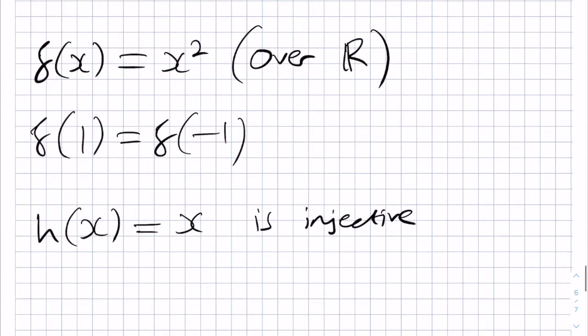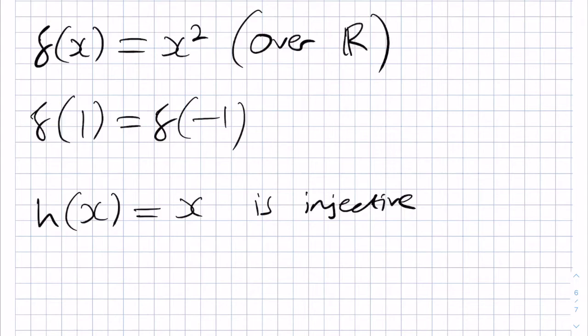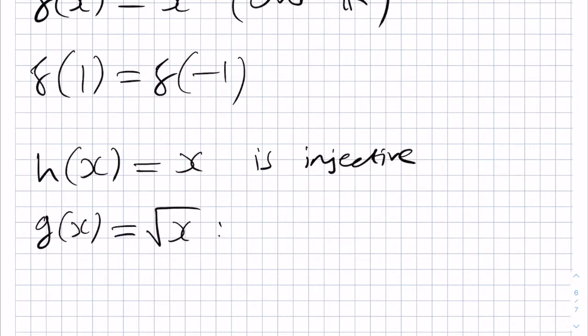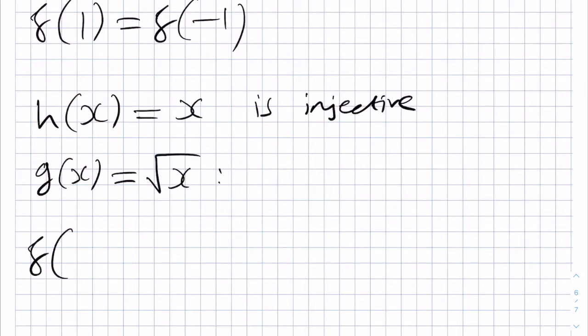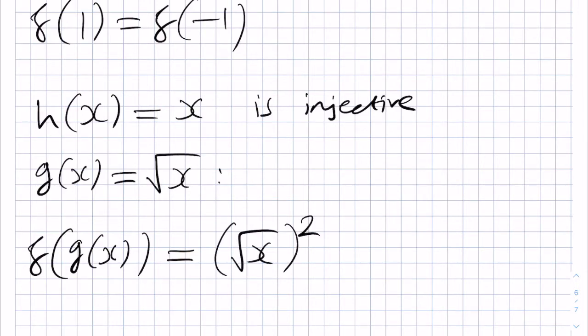And so, if we pick the function inside the f, which is g of x, to be the square root of x, then what will we get for f of g of x? F of g of x is the square root of x for g of x, but then we square the whole thing by applying f. This is equal to x, which, as we above discussed for h, is injective.